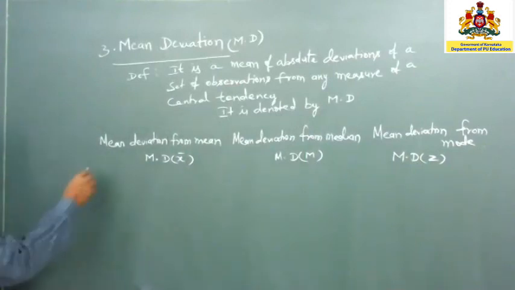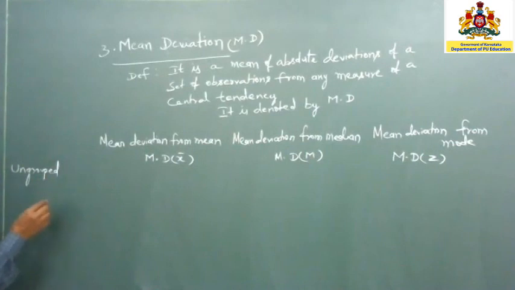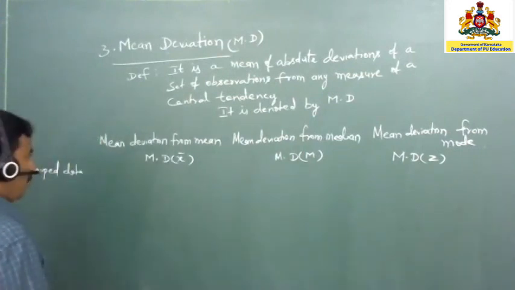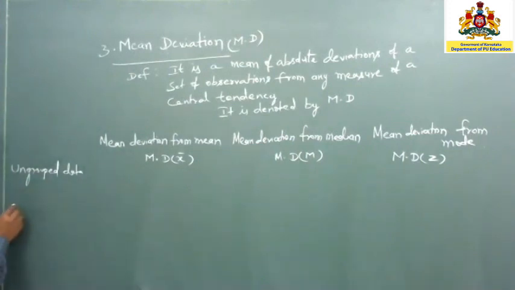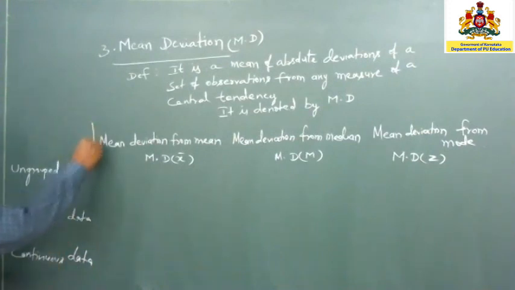And 3 types of data: ungrouped data, discrete frequency distribution, and continuous data, means continuous frequency distribution.